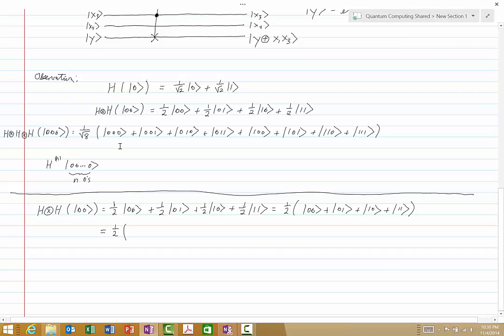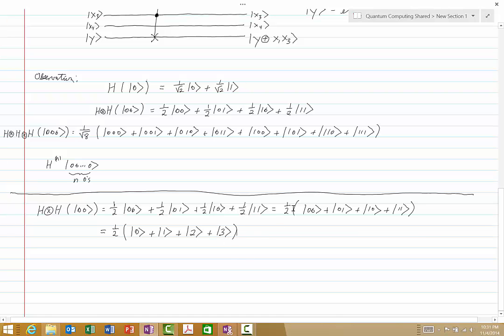Instead of writing out these 2 qubit states in this way as 0, 0, 0, 1, 1, 0, and 1, 1, the book in some of the early chapters introduced this notation. We would just have 0, 1, 2, and 3.